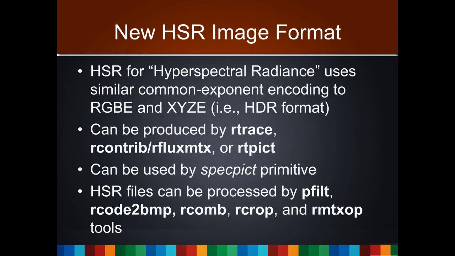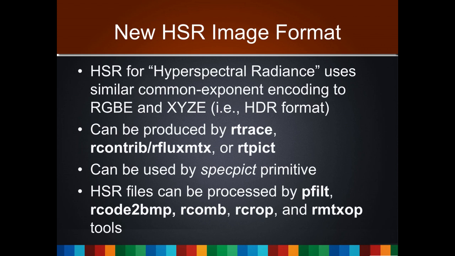So I'm going to talk a little bit about the new HSR image format. It stands for Hyperspectral Radiance and uses a similar common exponent encoding. So it has 8-bit per mantissa for each spectral band and then a common 8-bit exponent, which works reasonably well, at least with my tests.